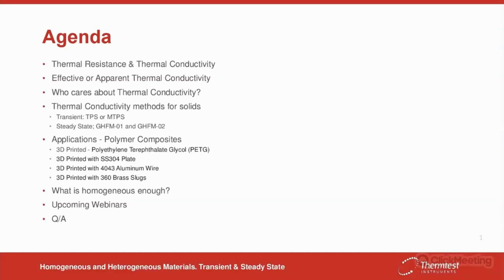I'm sorry about the spelling on applications. For the materials we've designed in our printing, we've introduced components to create some different types of composites to demonstrate error in testing and its effect on ideal theory. And then ultimately, the question is, what is homogeneous enough when you're looking at using different methods?